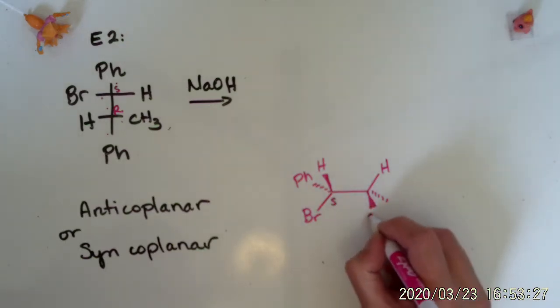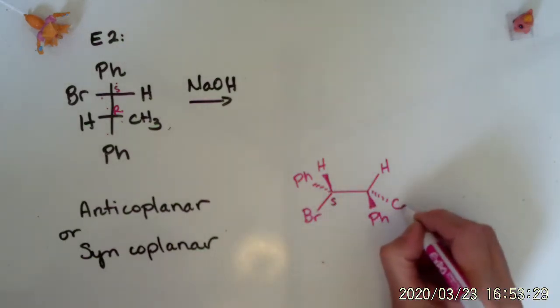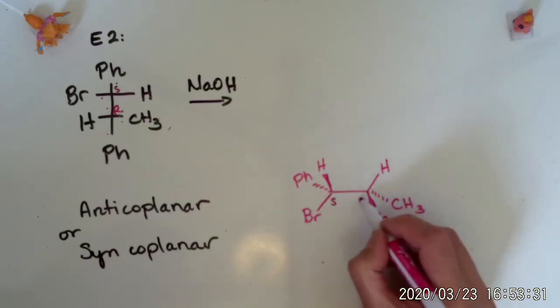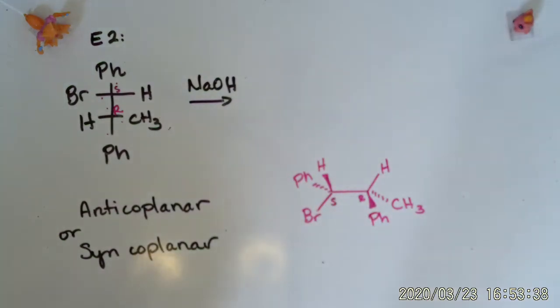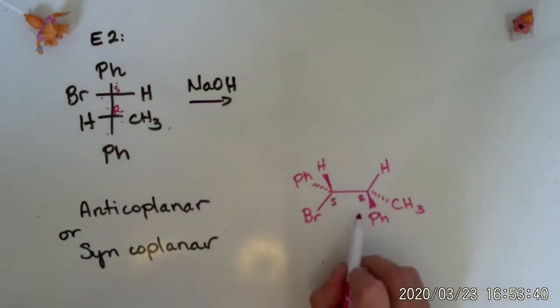This is my phenyl, in the back is my methyl, and this makes the stereochemistry R. You can imagine it in the back. So this is R.